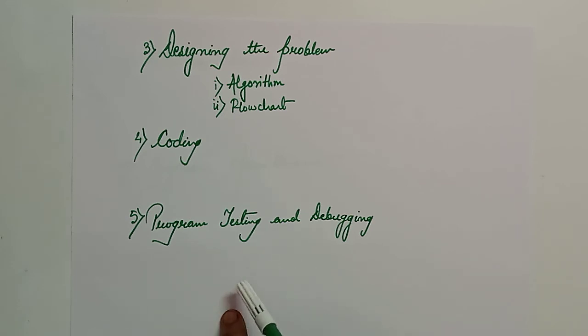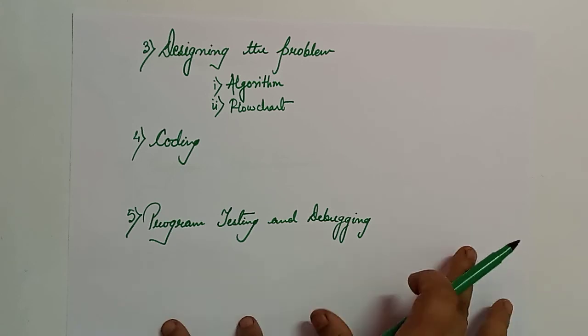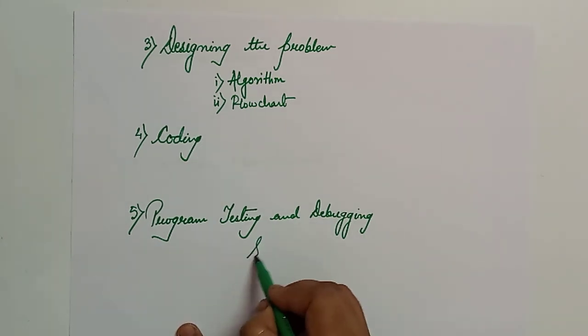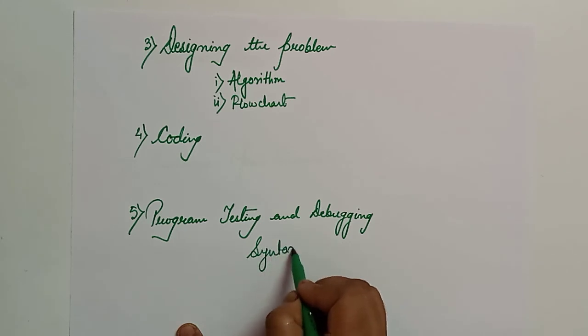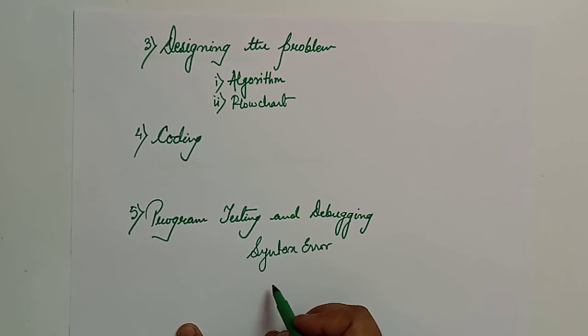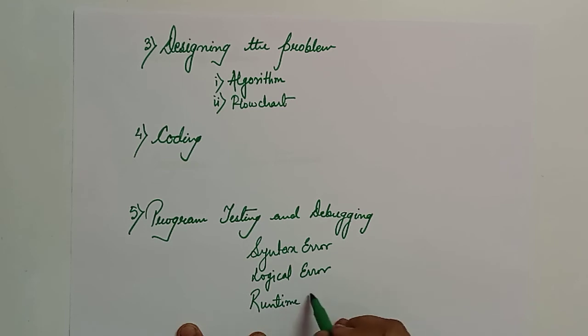Debugging is the process of finding and correcting the errors in the program code. Now, what can the errors be? Let me tell you, there are three kinds of errors. One is syntax error, another is logical error, and the next is runtime error.